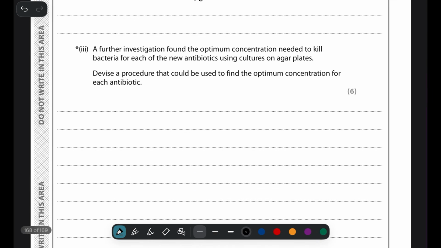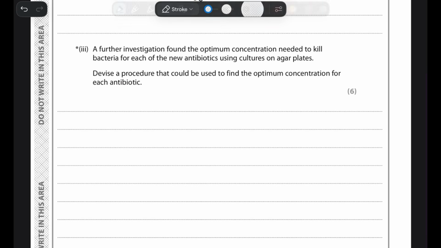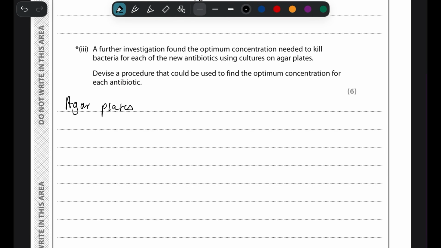Now, we need to have agar, so we'll talk about equipment first. We need agar plates with the bacteria, and we want to make sure it's the same bacteria in each one. That's a control variable that we've mentioned. What other things do we need? I'm going to say autoclaved equipment.